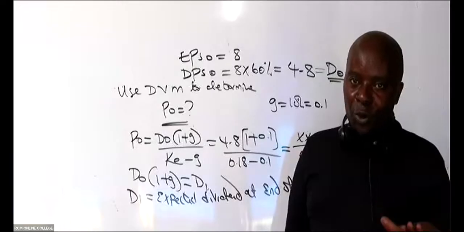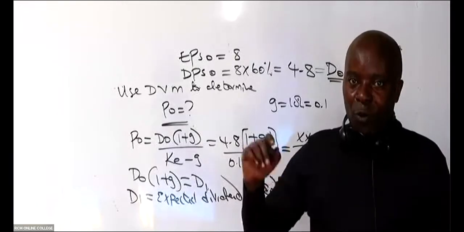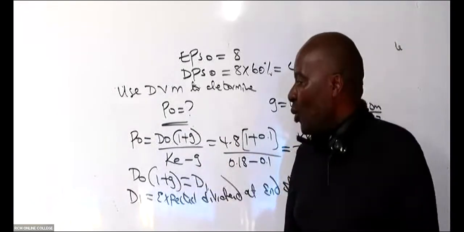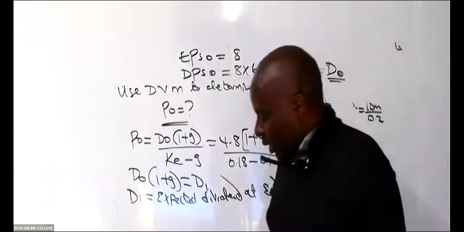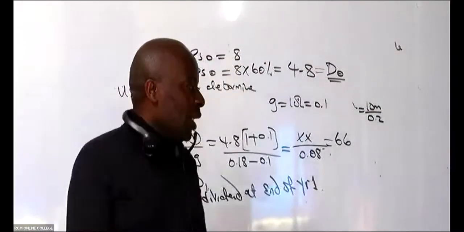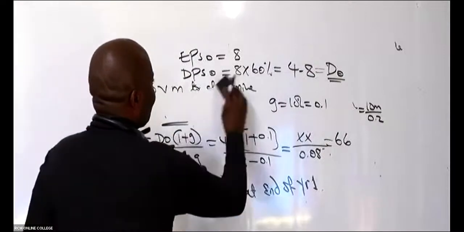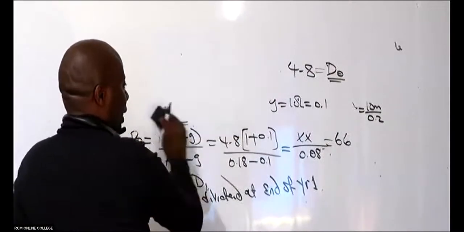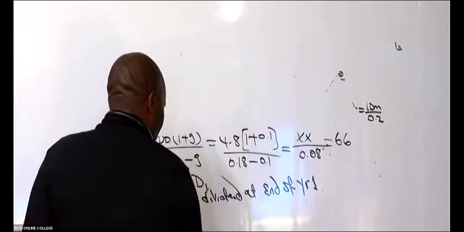So D0 is today's dividend. Then we have D1. And that is why you realize some books telling you that P0 equals D1 all over Ke minus g, because they have already taken the initial dividend and grown it to make D1. So the end of year dividend divided by Ke minus g, like that. I'm just preparing you because I know how these examiners will want to twist you.